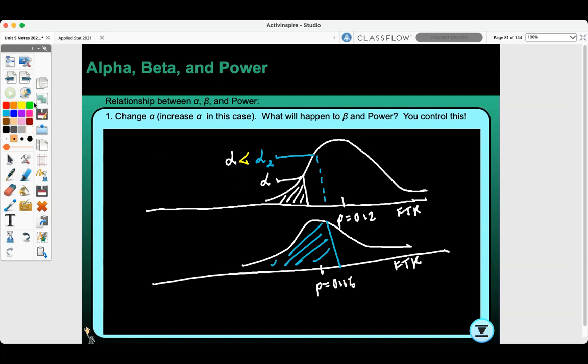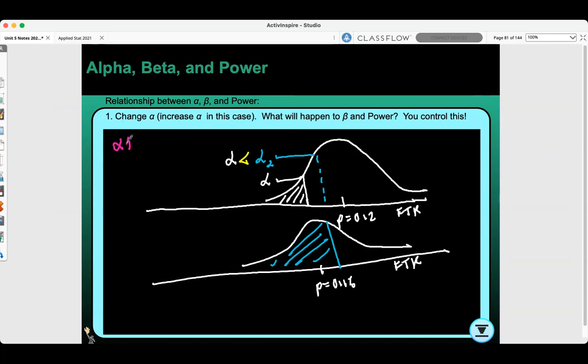When we increase alpha, so alpha went up, beta went down because this side is beta, which leads power to go up. We reject more often, so fail to reject the null hypothesis less often. So there's a less chance to make a type 2 error here.